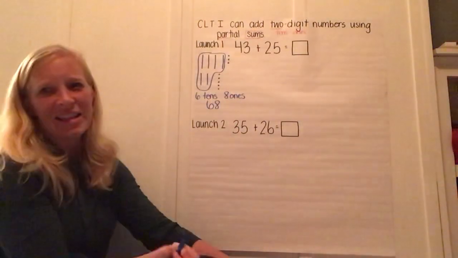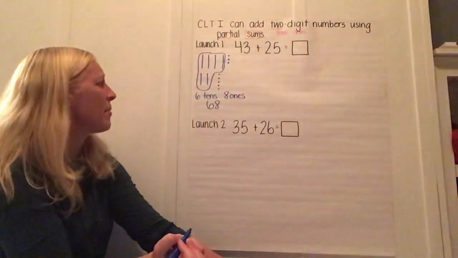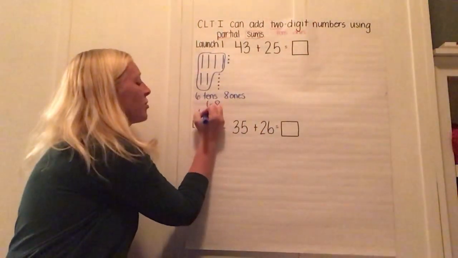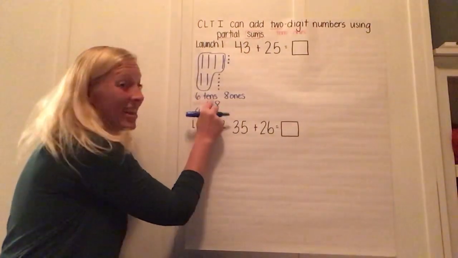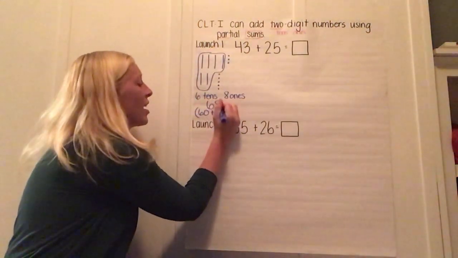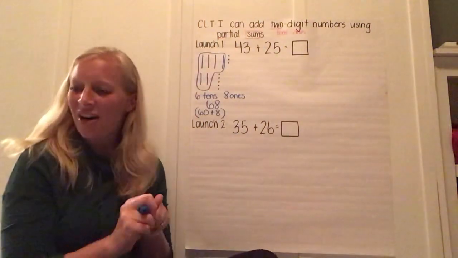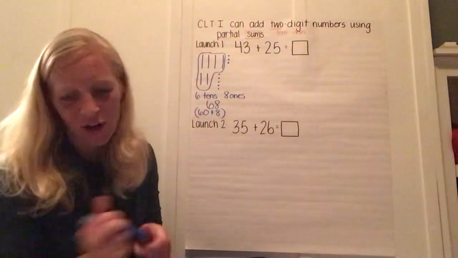And how did you know that 68 was your sum? Where is the 60 coming from? So the 68 is really your 6 tens plus your 8 ones, and that makes 68. Awesome. Thank you for sharing your work.